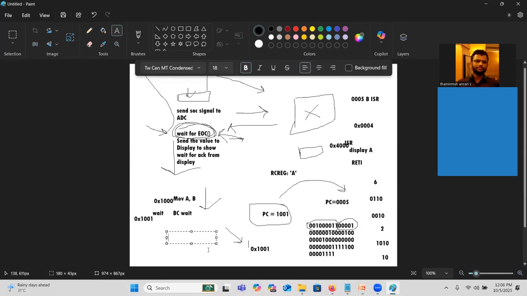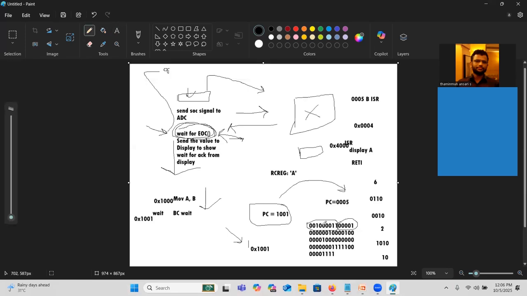Let us say the entire program that we have here, I can divide it into 4 bits, right? Initially, I have 4 bits.